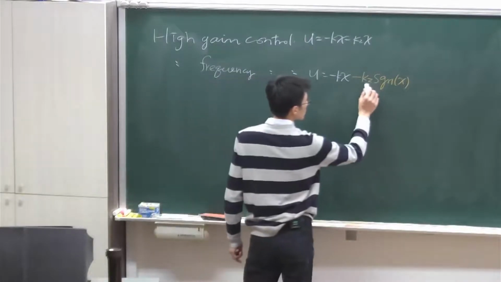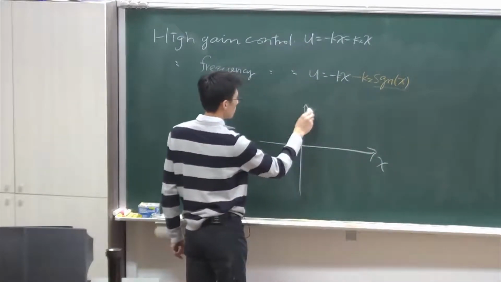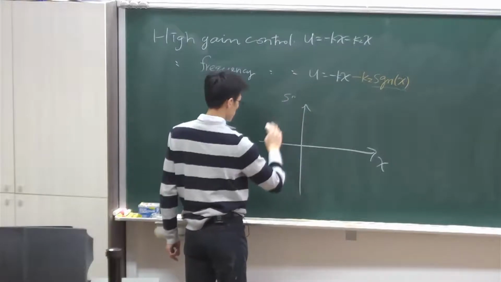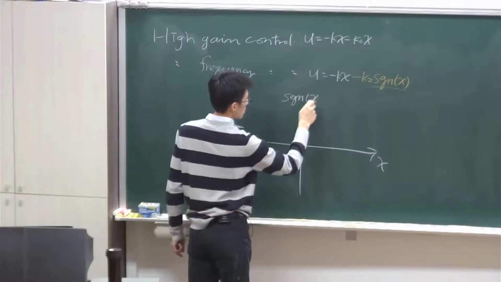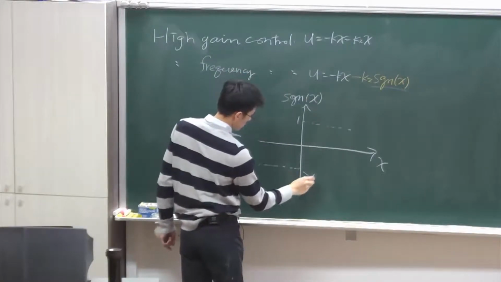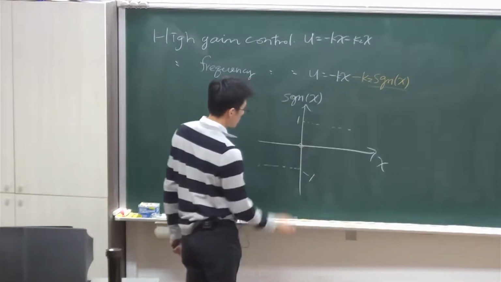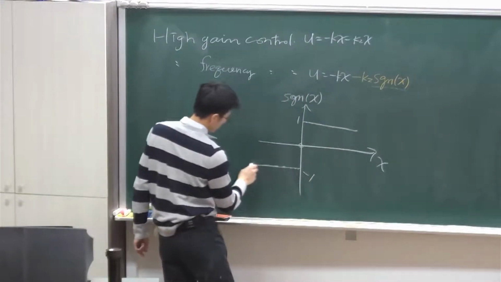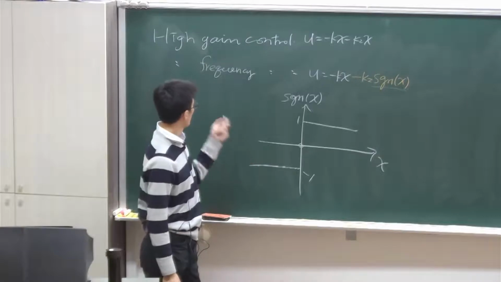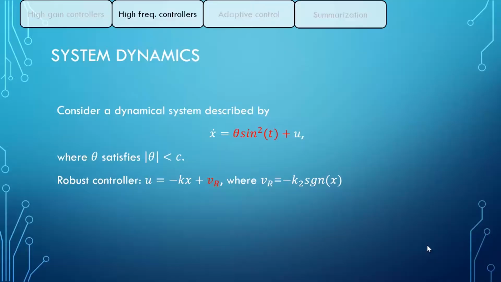Why is it called high frequency control? Because if you plot out the sine function, that's 1 and minus 1, depending on whether you are on the right or left hand side. Remember, the objective is to control x to the origin, meaning around 0.